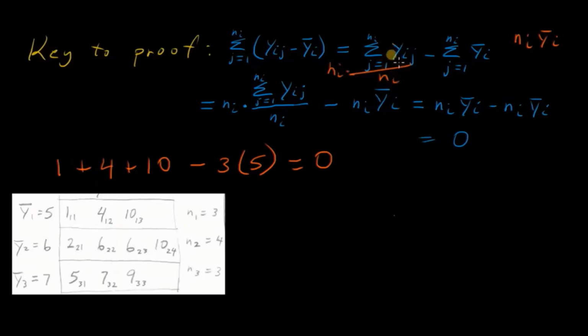I haven't changed anything. If you divide something by a number and also multiply it by a number, you have not changed anything. You've only changed the look. So that's what we've got here. So multiplied by ni, divided by ni. But now, what is this part? Well, we saw that the top part, the numerator, is the sum of the terms, and the bottom is the number of terms. That's just going to be the average. That's just going to be this thing.